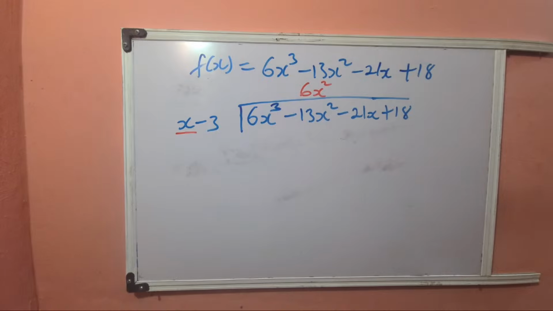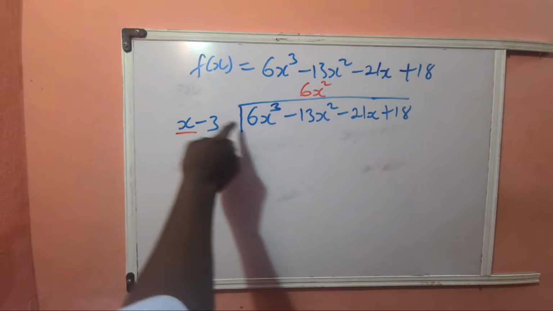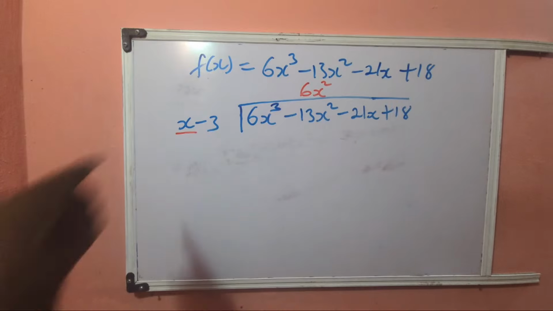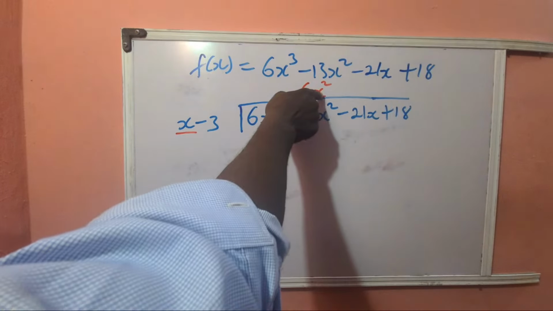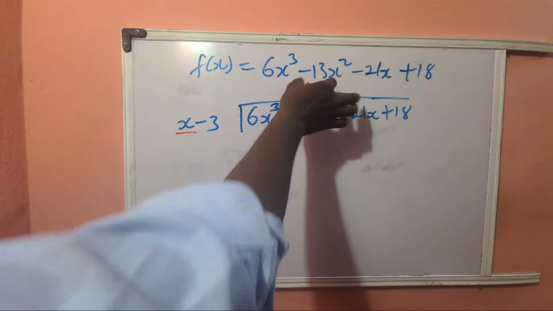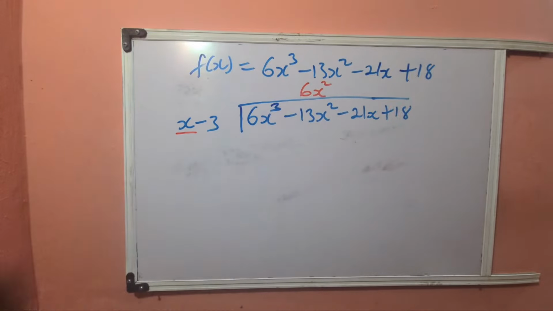All right. You use the first variable to divide the very first term here. So x goes in 6x cubed, the answer was 6x squared. Then you multiply this 6x squared with each of these terms.